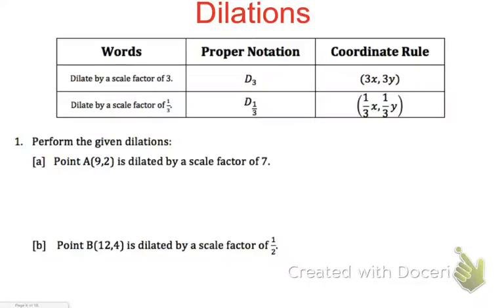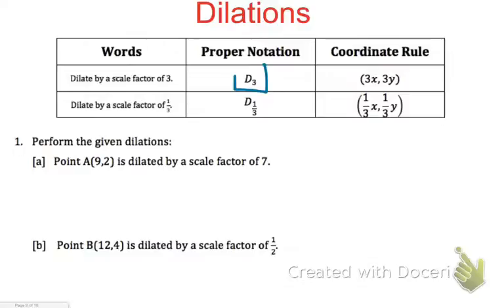So the 3 ways that you would see a dilation is in word form, where it would specifically tell you to dilate by a scale factor of a given number. In this case, we're dilating by a scale factor of 3, so we know our image is going to get larger since that number is greater than 1. In the second word form, we are dilating by a scale factor of 1/3, so that image would get smaller since that number is less than 1.